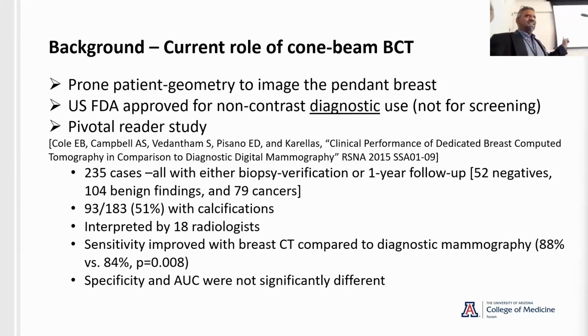So you have two challenging imaging tasks, if you would. So about 50% of them had calcifications, and it was interpreted by 18 radiologists. So each radiologist read the breast CT images, and then the mammogram image, in separate sessions. And the reader study analysis showed that the sensitivity improved, but the specificity and the area of the ROC curve were not different.